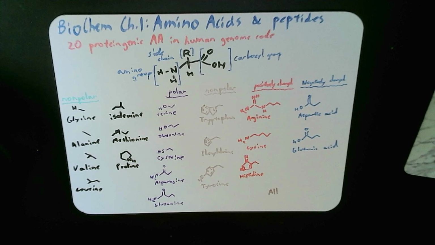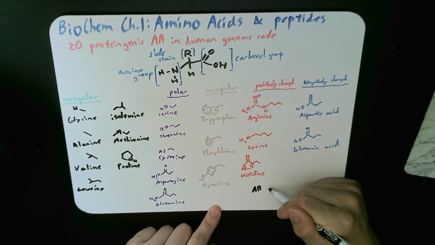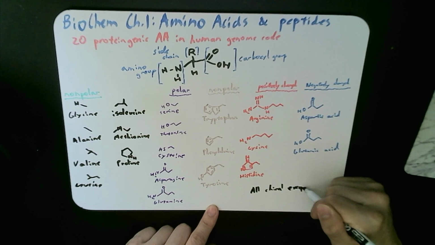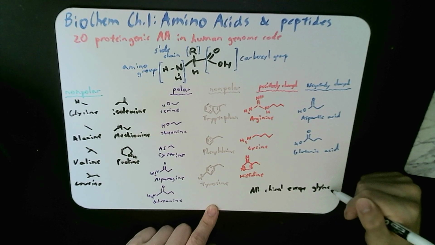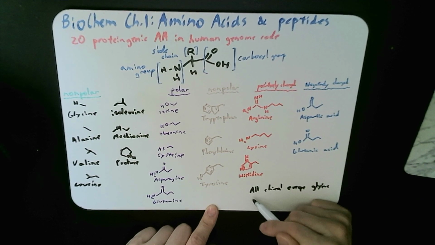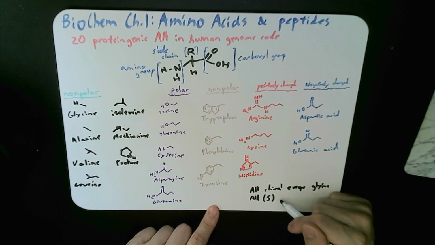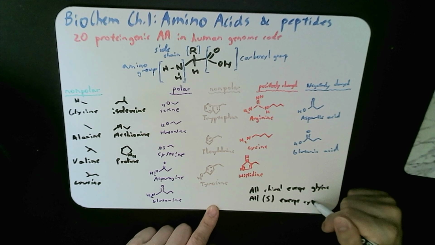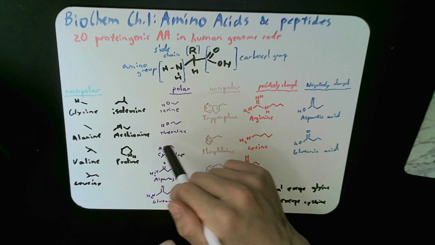All chiral except glycine, and all S configuration except cysteine. Great, and cysteine is found right over here.